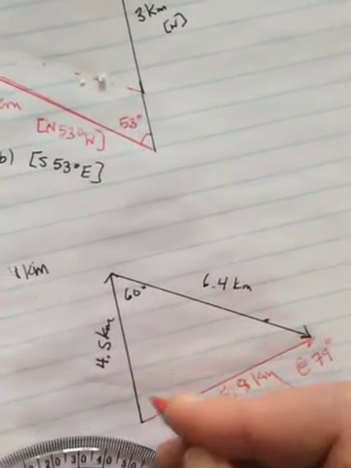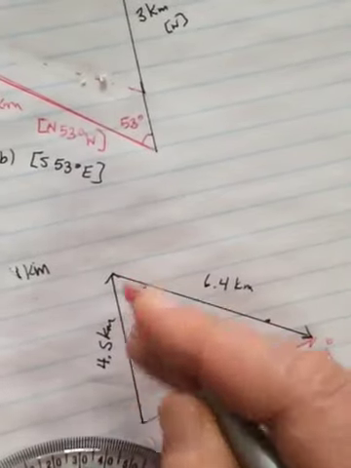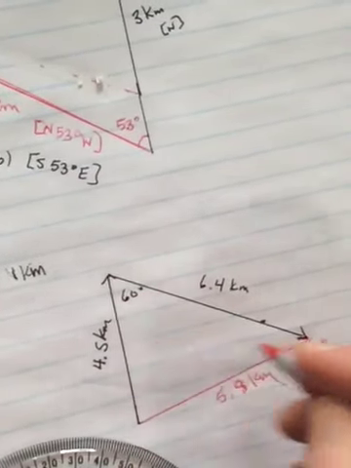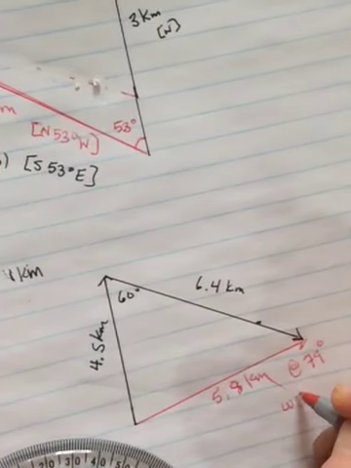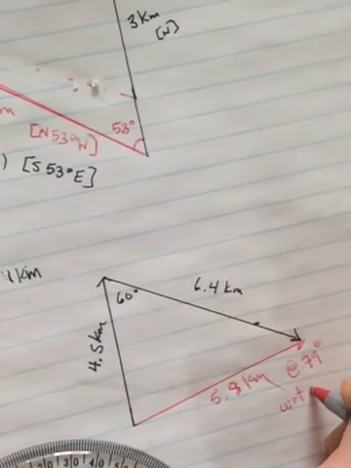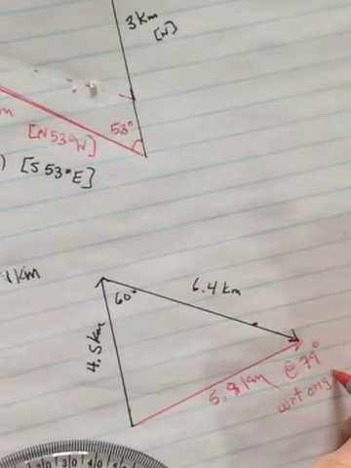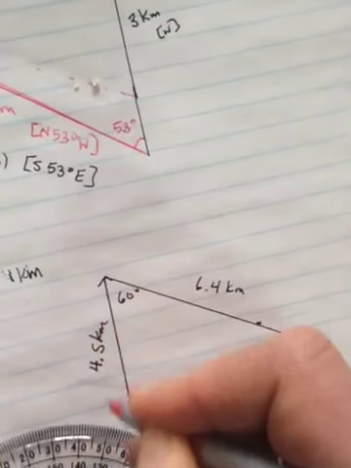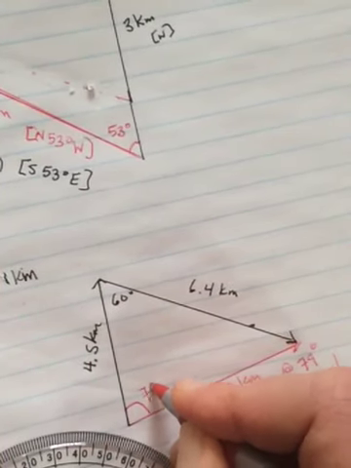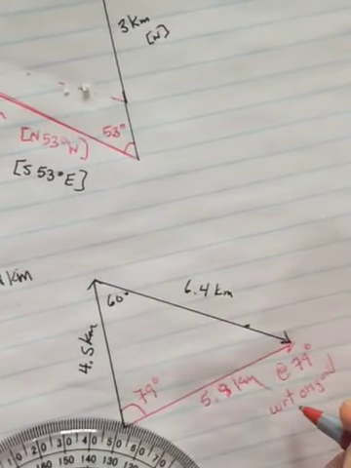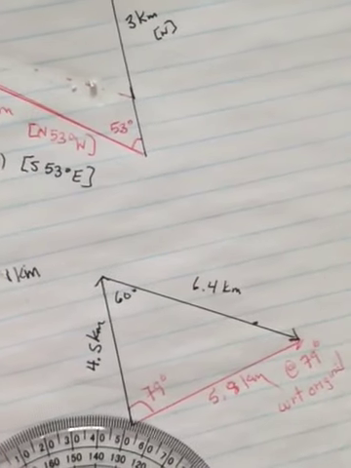This time I can't really do the north, south, east, west because it didn't tell us that she was going north. So we can just say 79 degrees WRT, with respect to original direction. So whatever way she was walking originally, now this angle is like 79, 80 degrees with respect to that. Okay, so that's number 10.